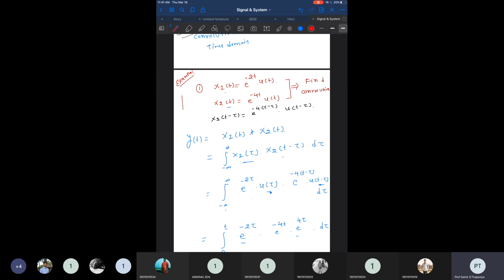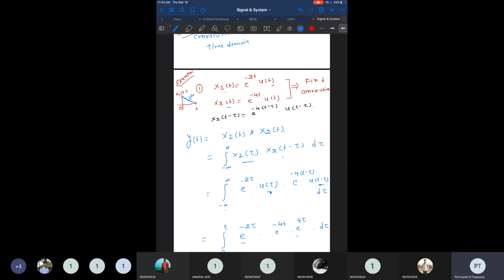If you plot x1 of t with respect to time, it starts from 0 because it is multiplied with u of t, and if any signal is multiplied with u of t, only the positive part appears as output. So the signal e raised to minus 2t is an exponentially decreasing signal.